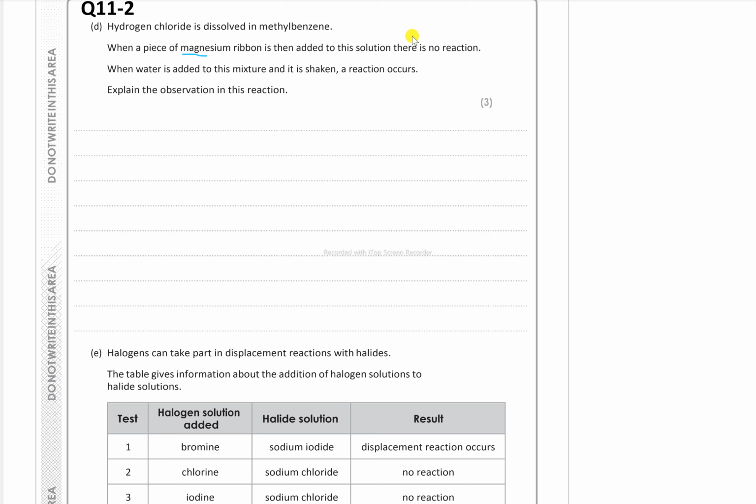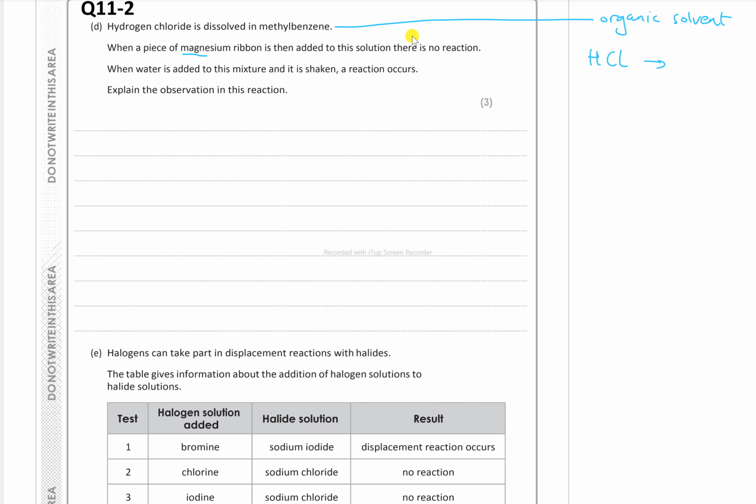Hydrogen chloride is dissolved in methylbenzene, which is an organic solvent. It does not dissociate hydrogen chloride to form hydrochloric acid. So there's no acidity, there are no hydrogen ions floating about. So when you put a metal in, magnesium, there's no reaction, no effervescence, no fizzing.